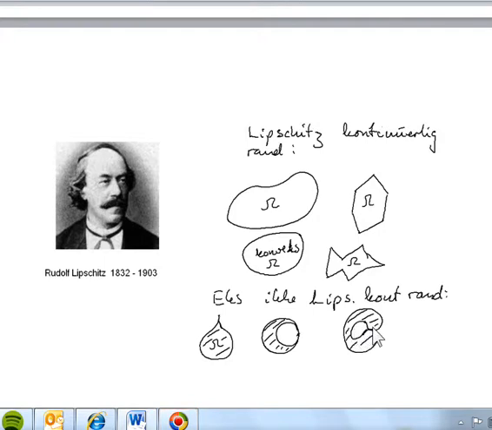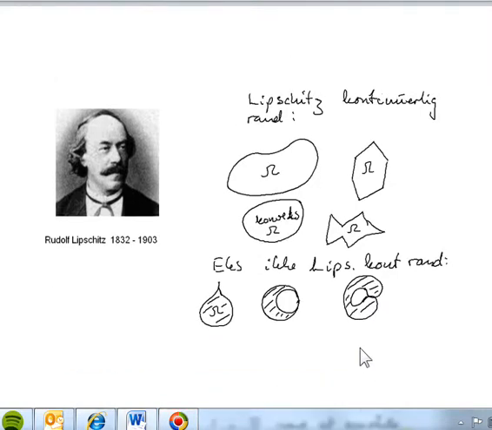Here is also an example of a non-Lipschitz continuous boundary. The boundary is only touching in this point, and here the angle is also 0.